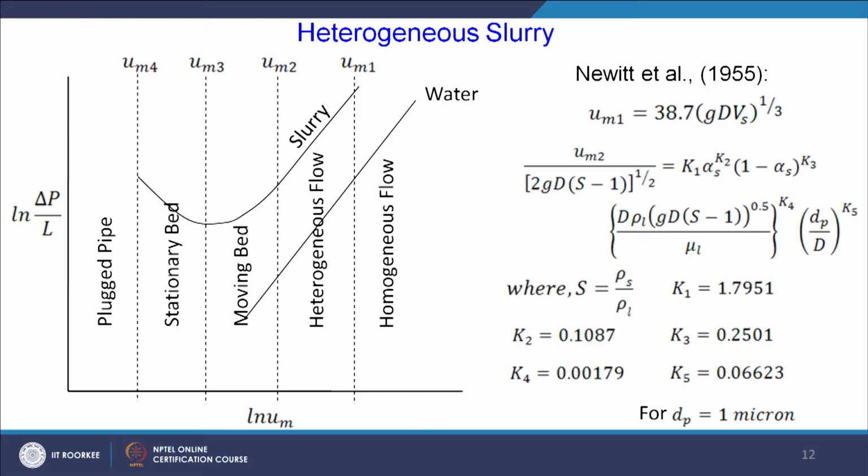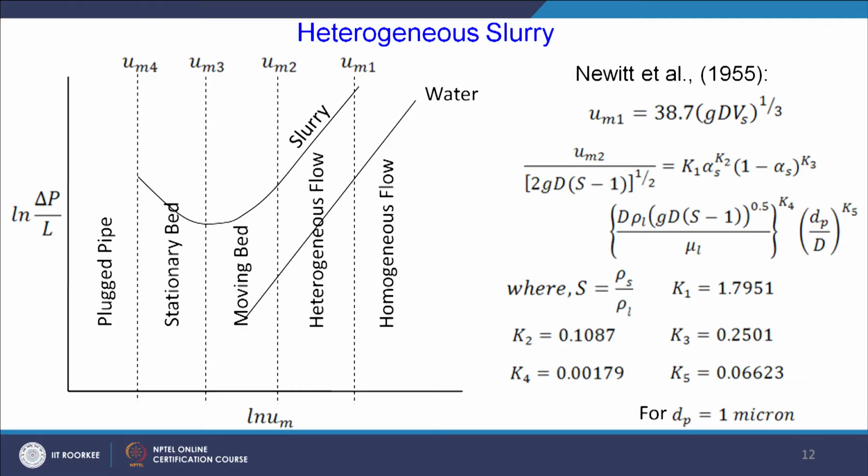They proposed that UM1 will be 38.7 into (g d Vs) to the power 1/3. Here Vs is once again the solid loading. He has also proposed that UM2 can be written in terms of the density ratio of solid and liquid and some important factors K1, K2, K3, K4, K5. He has given this for a particle diameter of 1 micron.